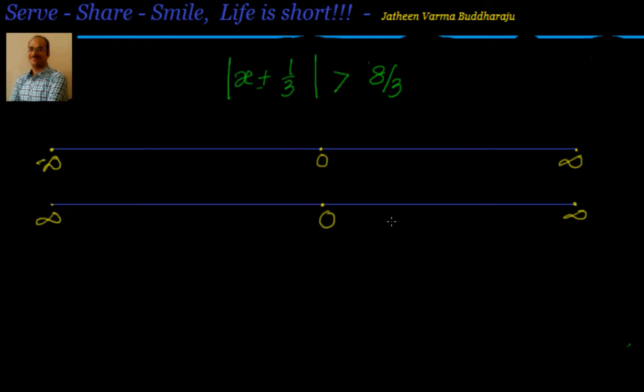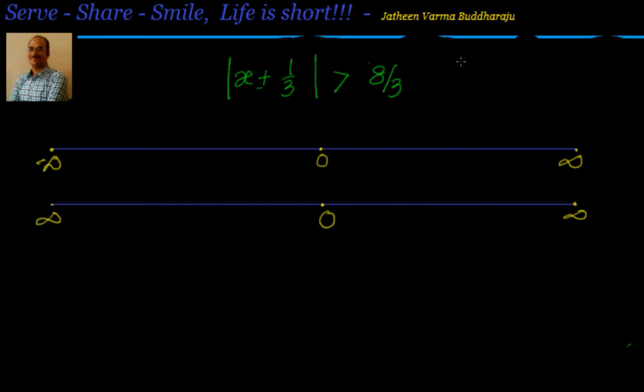We are going through linear inequations, and in this session we will look into linear inequations where modulus function is involved. So before proceeding with the problem, let's try to recap what a modulus function does.